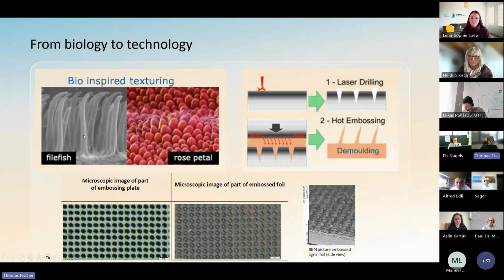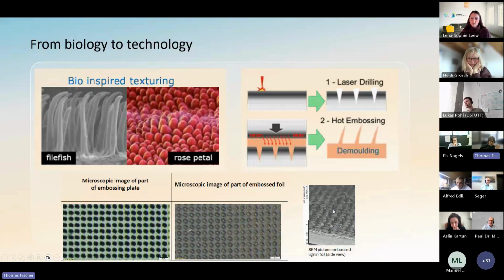One is from the filefish inspired. So these are these needles, and then you need, of course, to have the negative form of that one in the embossing process, so that in the very end, our textiles, you can see it here on the lower right side, have the same structure again.